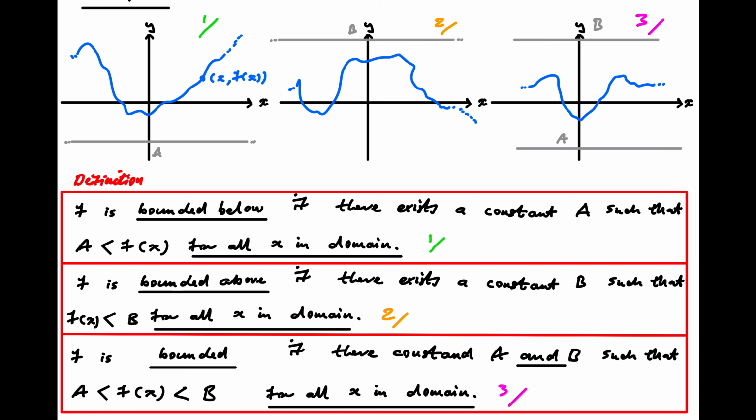And bounded, full stop, is where you have 2 numbers, a lower bound and an upper bound if you want. So maybe just to make sure the terminology is sensible, I'm going to call this a lower bound when it exists. And I'm going to call this an upper bound.